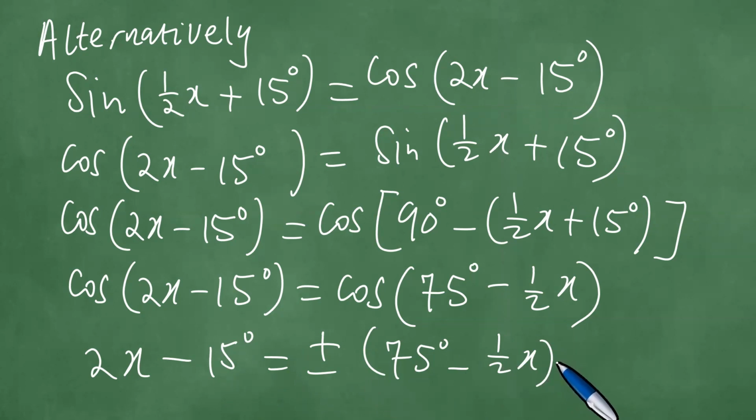Obviously, because we are interested in finding the general solution, we add 360 degrees by k, where k is an element of the set of integers. And this is what we are able to achieve here, and you take note of that.